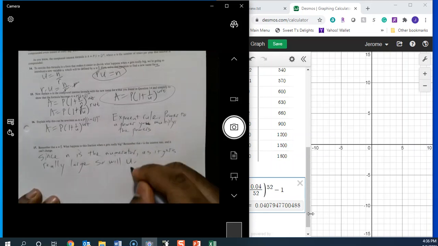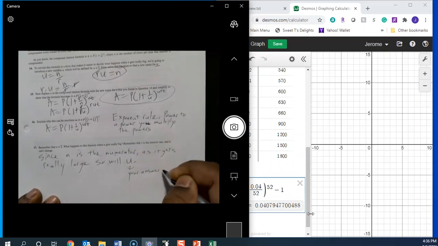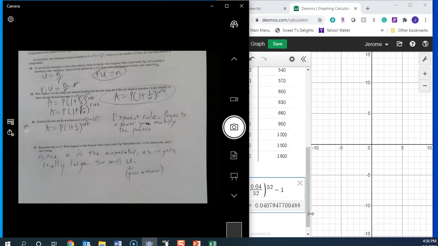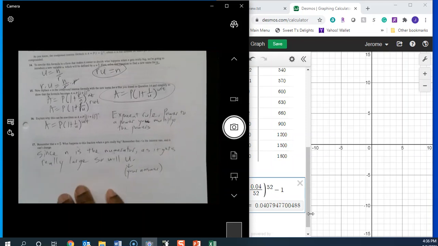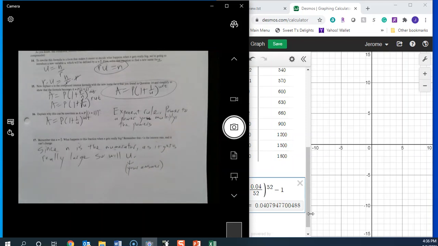And then we could put down here your answer. As we know, with any fraction, if the numerator gets larger and larger, your final answer is going to get larger and larger as well.